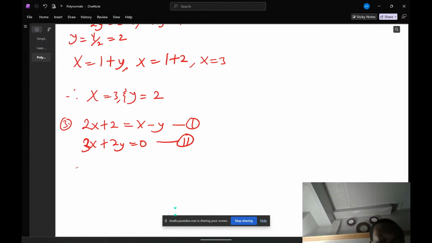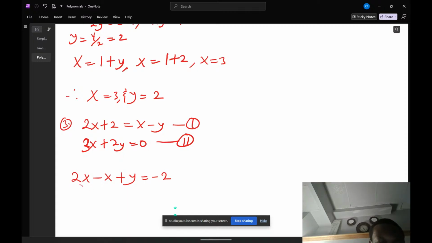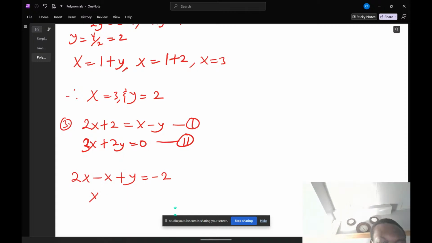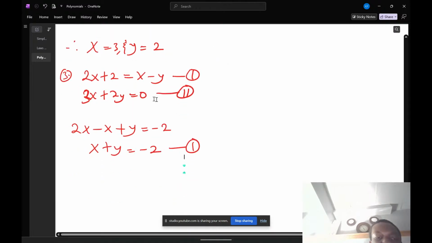So now for equation 1, that'll be 2x minus x minus y, plus y. 2 will go to the other side, that will become minus 2. Okay, so 2x minus x is x plus y is equal to minus 2. Let's still leave it as equation 1 so that we don't get confused.